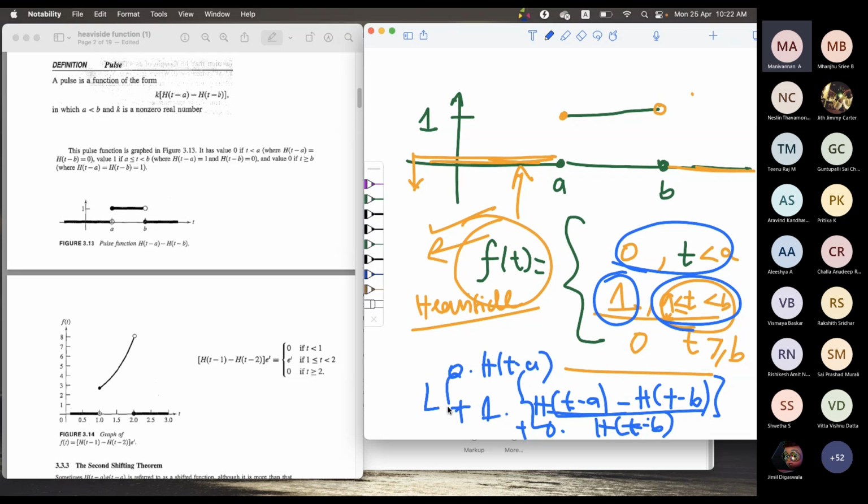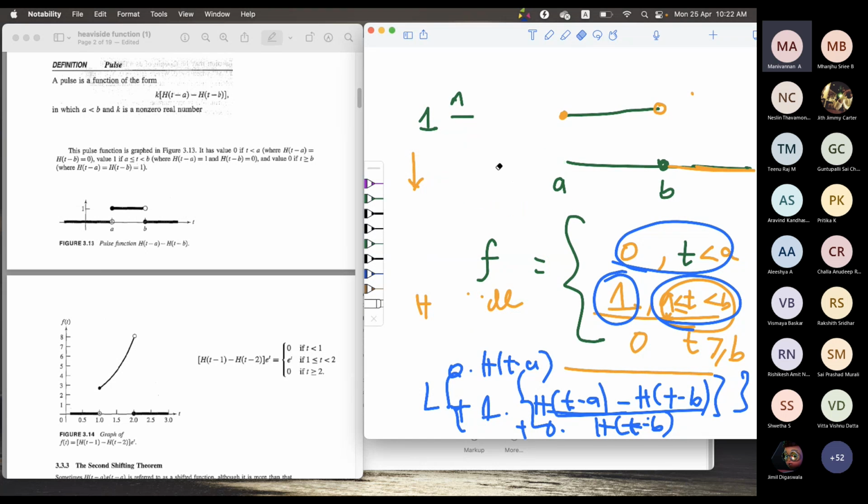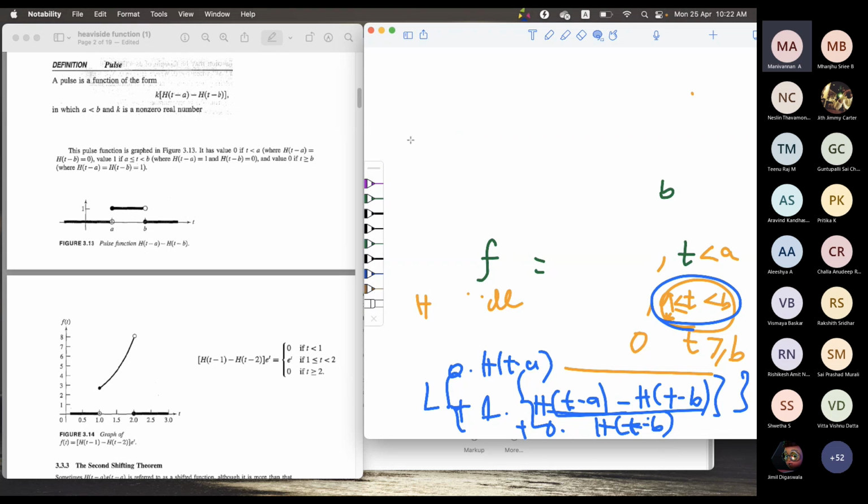So for this we are now going to take the Laplace transform. That's the idea. So for example, suppose this is my f of t. Forget about these things. Just assume this graph.